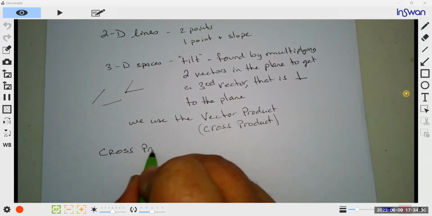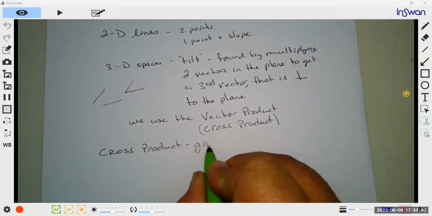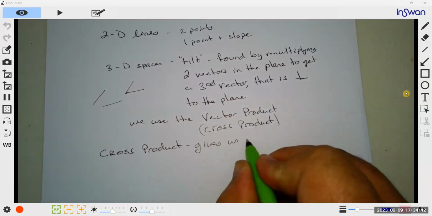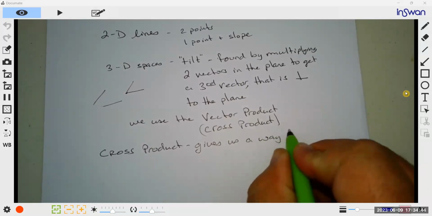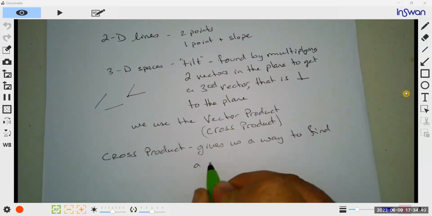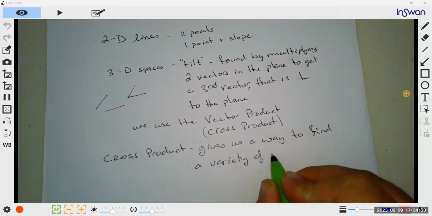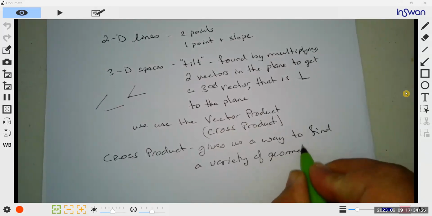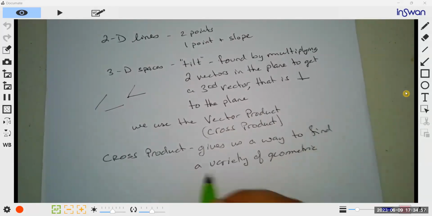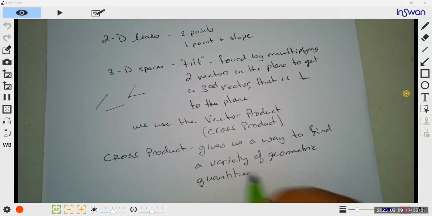The cross product gives us a way to find a variety of geometric quantities, values.